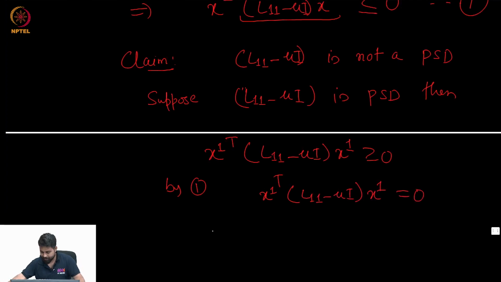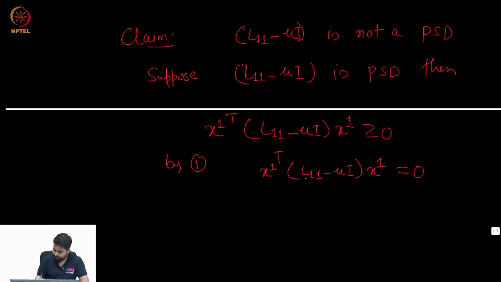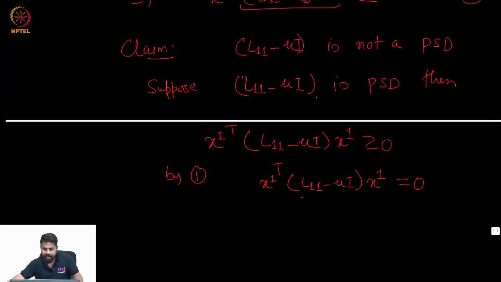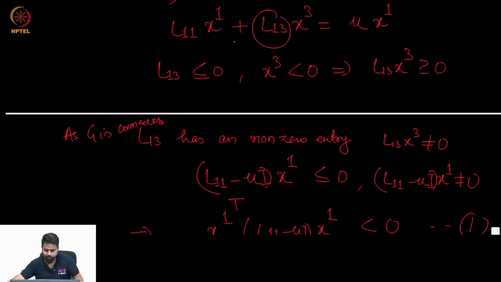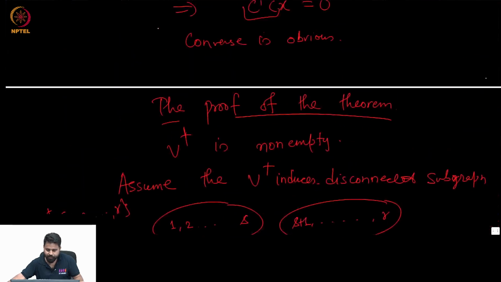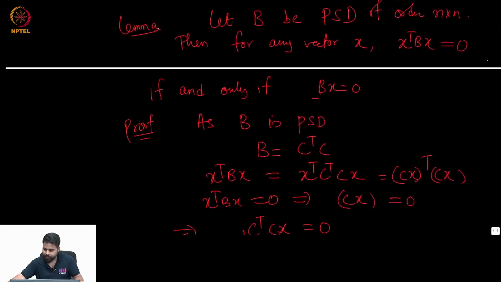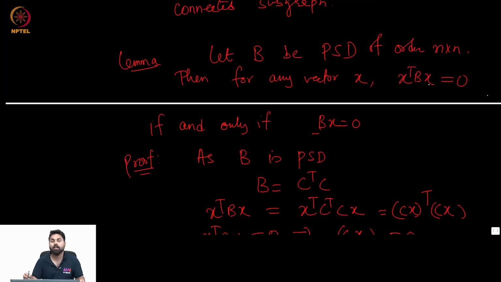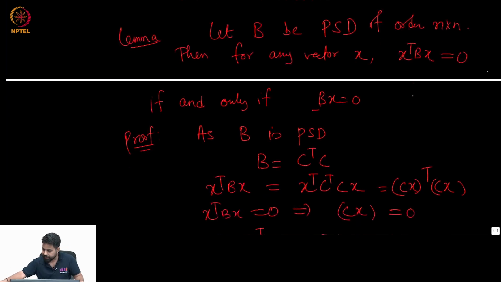But remember, if it is 0 and L11 minus mu I is a positive semi-definite matrix, we have just proven one lemma. In that case what will happen? So let me go to the lemma. In that case we have proven that this Bx is equal to 0, right?